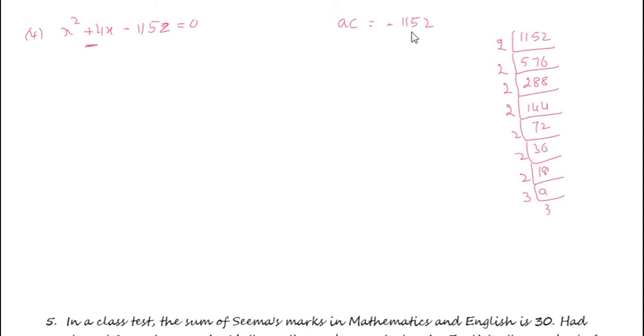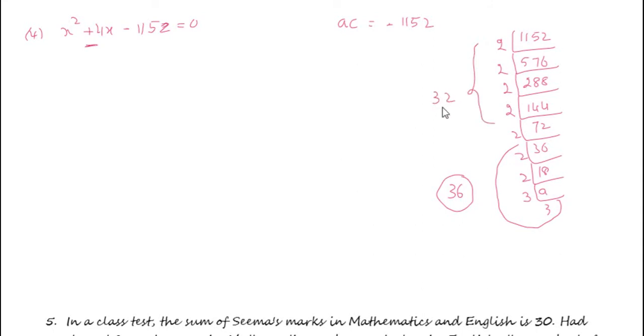Now from these prime factors, you have to find out the two factors of this number minus 1152. Now let us take 3, 3, 2 and 2 up to here. 3 into 3, 9, 18, 36. So when you multiply these factors, we get 36. Then we have here 2, 2, 2, so five 2s. Five 2s if you multiply, you get 32.